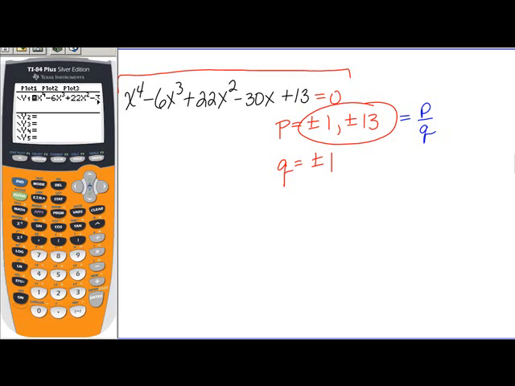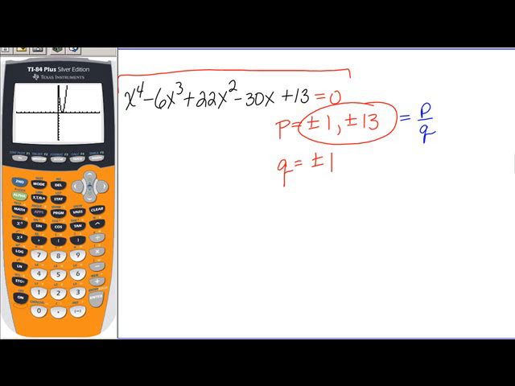So I'm going to grab my calculator and enter that function and take a look at the graph. Now this is important because of what we see on this graph. It looks like we've got a function that comes down and hits the x-axis at 1 and it bounces and changes direction.